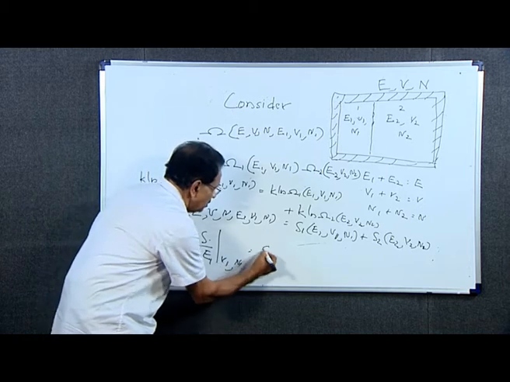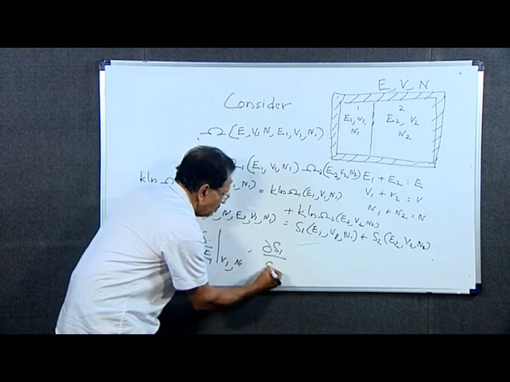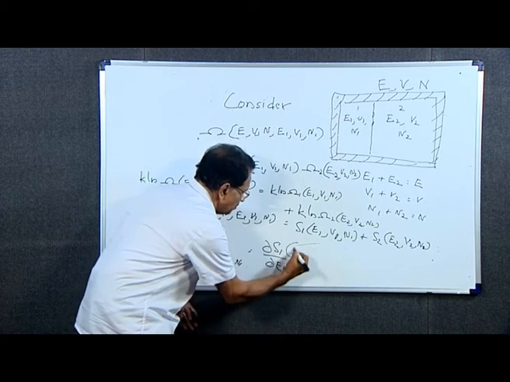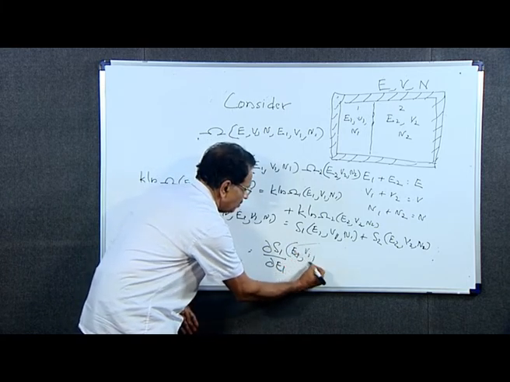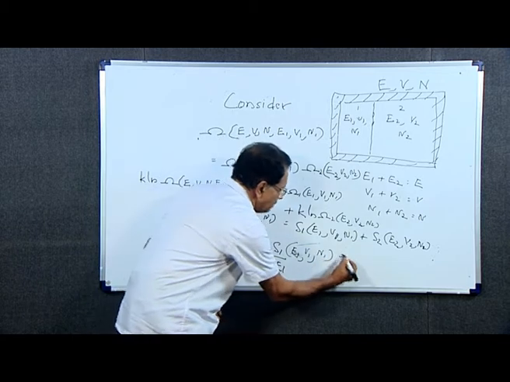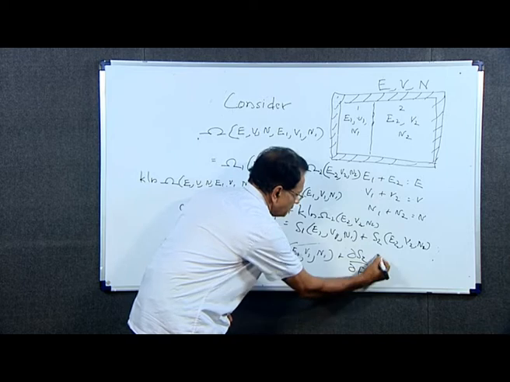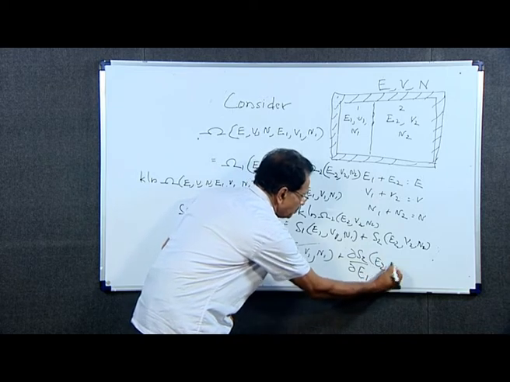This becomes ∂S1/∂E1, which is a function of E1, V1, N1, plus ∂S2/∂E1, with V2, N2.